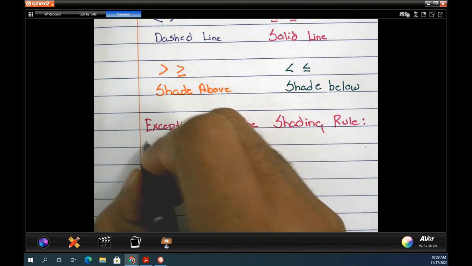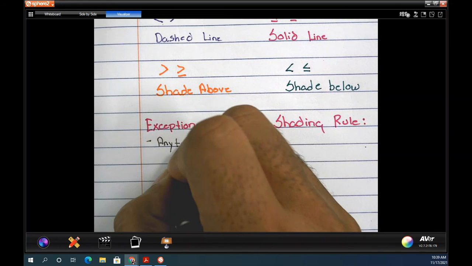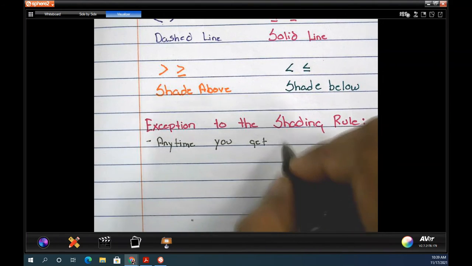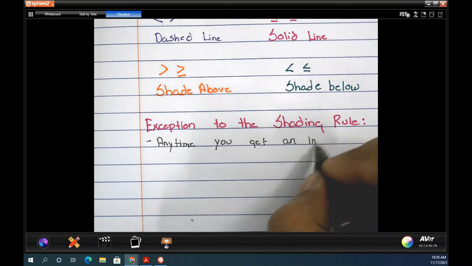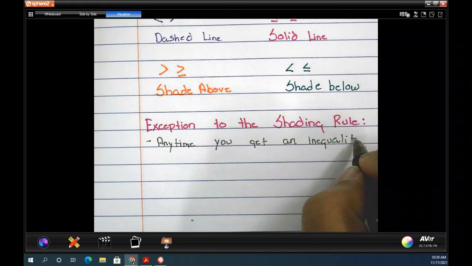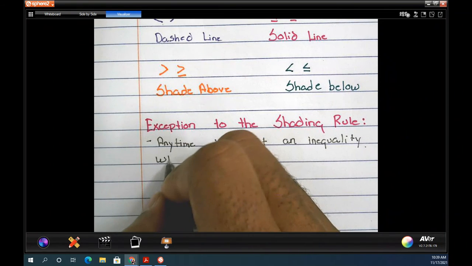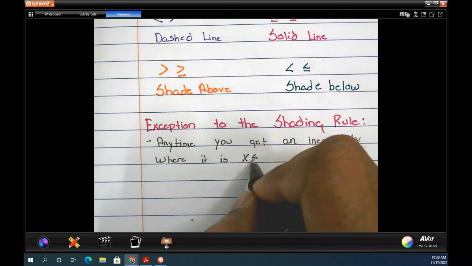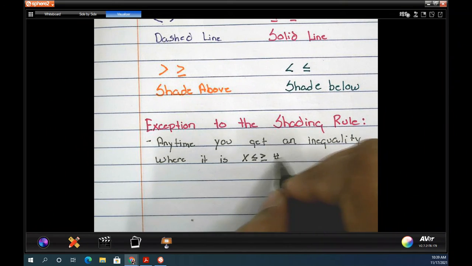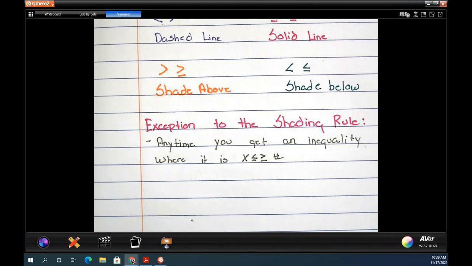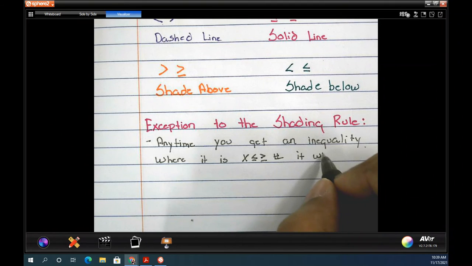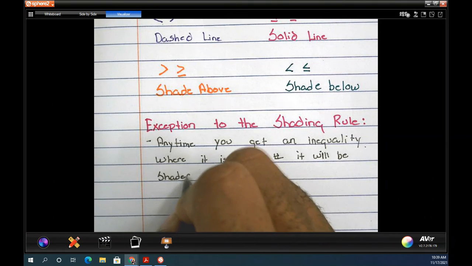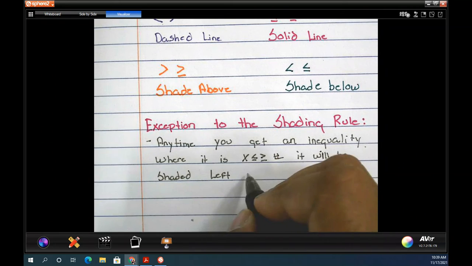Anytime you get an inequality where x is greater than or equal to a number, it will be shaded left or right.